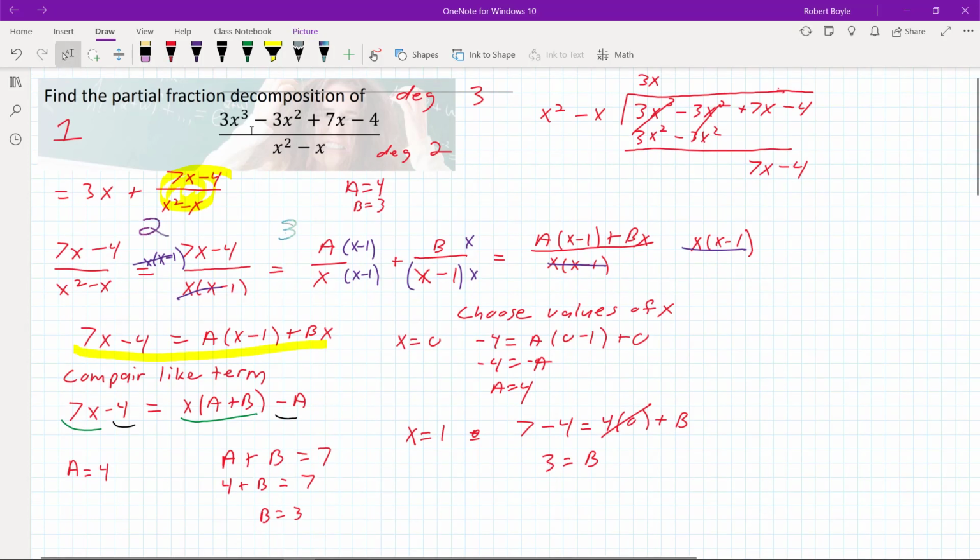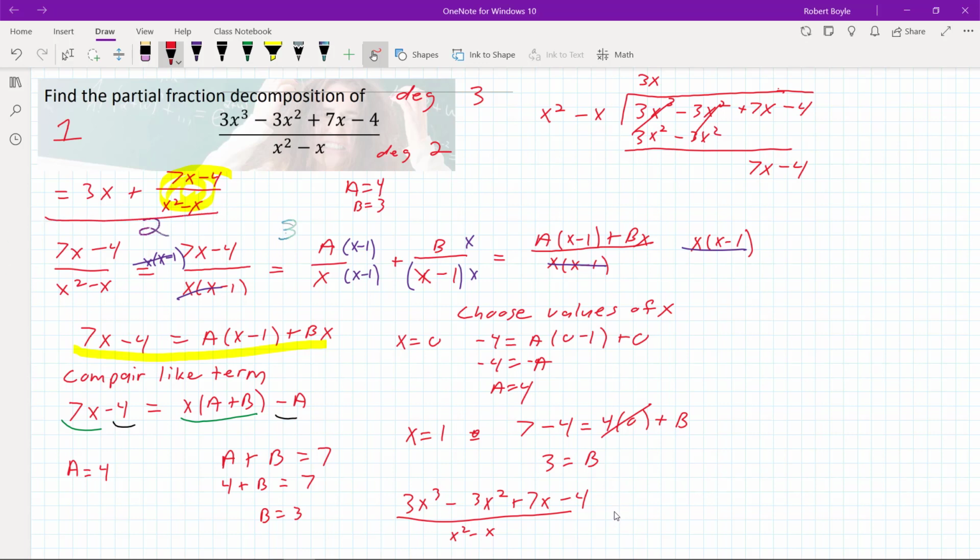So the answer for this decomposition can be written as follows. Let me write out the first part. We have 3x cubed minus 3x squared plus 7x minus 4 divided by x squared minus x, and it can be written as this.